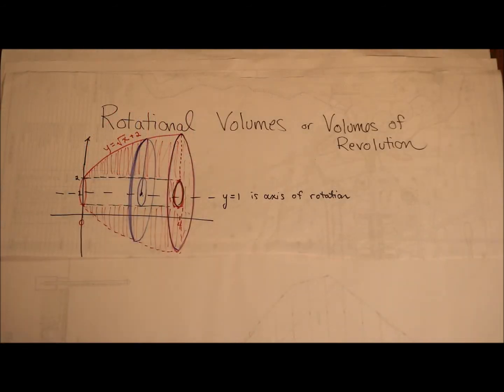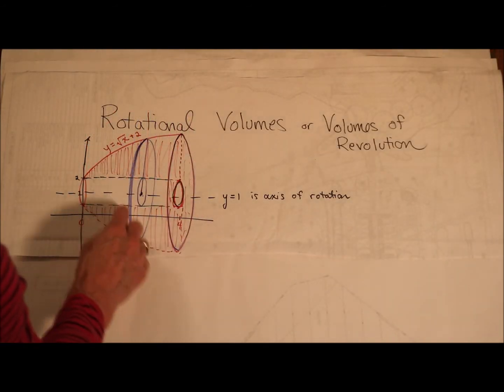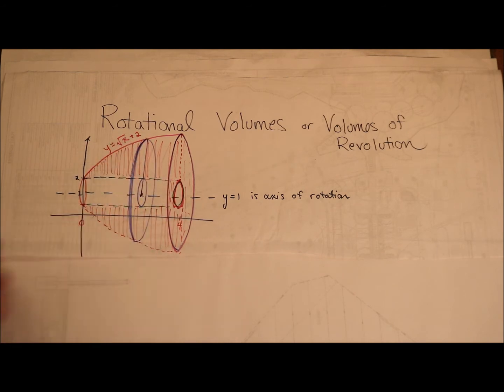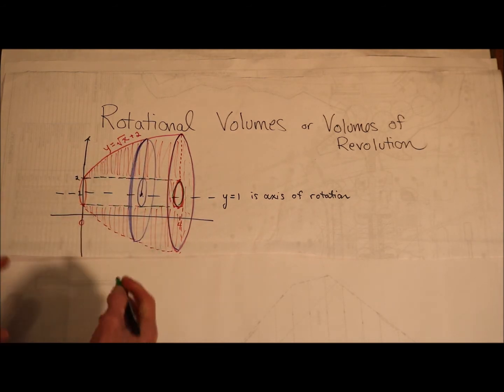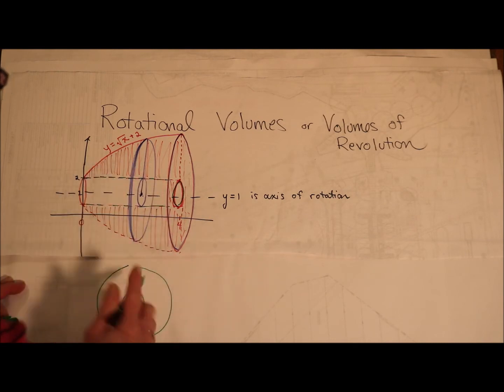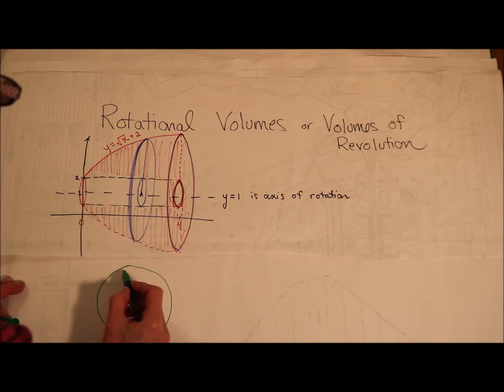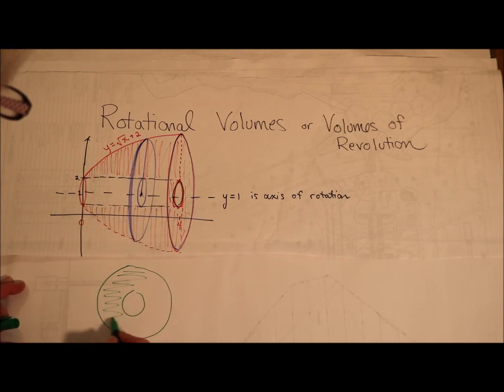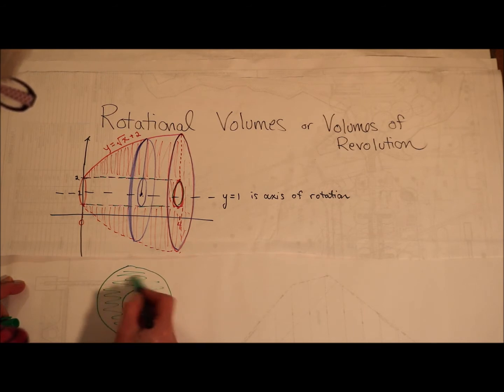So to find the volume of this whole thing, I'm going to have to find the volume of each one of those cross sections. Well, what does that cross section look like? It's a washer. It's a wafer or a disc, but with a hole in the middle. There's a hole in my washer, dear Liza, dear Liza. There's a hole in there.